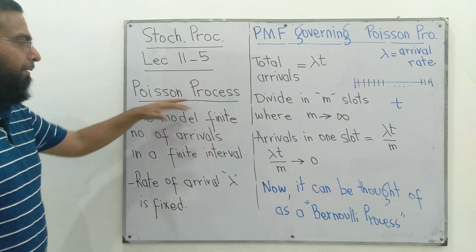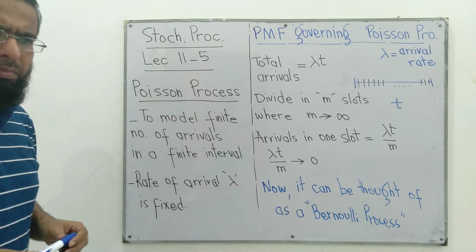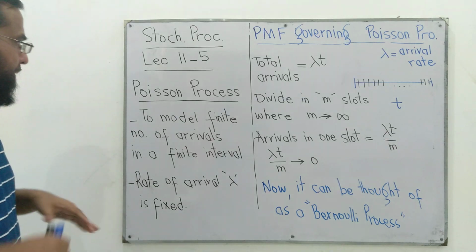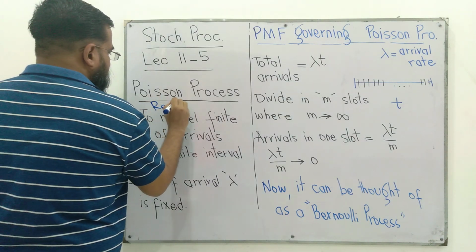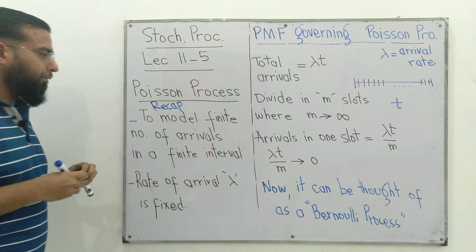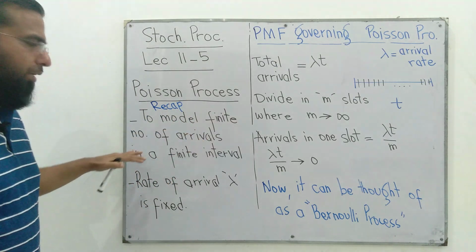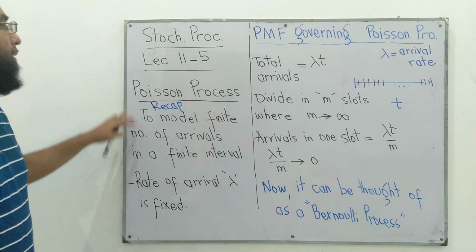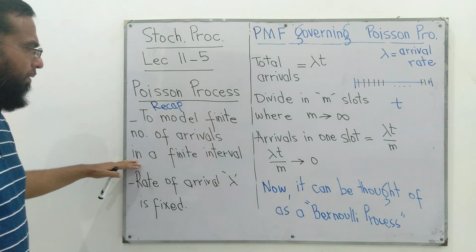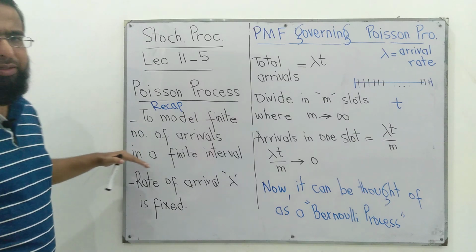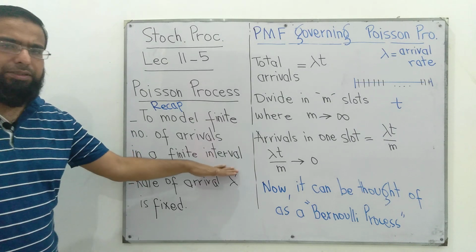We are studying Poisson process, and here is a small recap of what we have studied till now. We know that a Poisson process is used to model the number of arrivals in a finite interval.